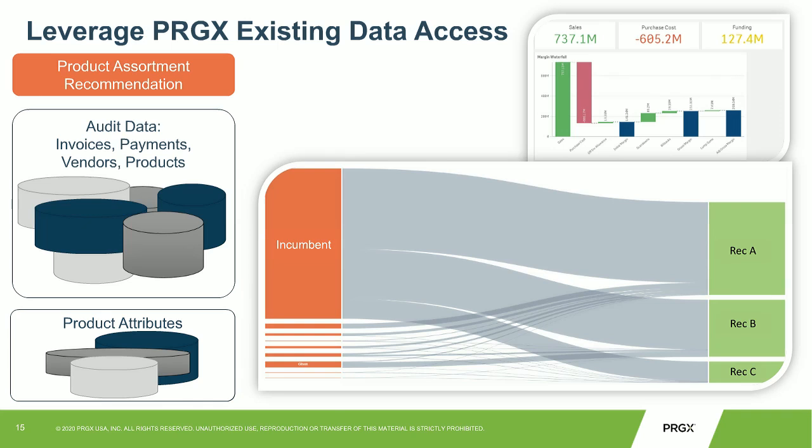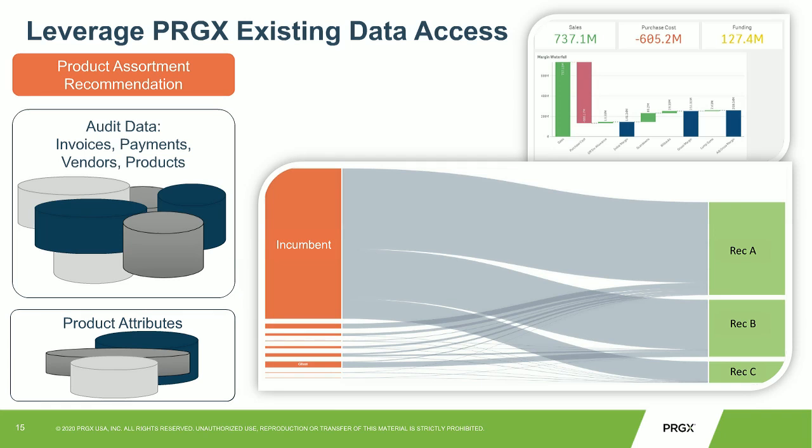And what we're able to recommend to our customers is, instead of selling, in this picture, what we used to sell from this incumbent, where your customer used to buy a lot of different products from these guys, what we found is that if you use this new combination of vendors A, B, and C, and you can see the products move from that vendor to these different vendors, because we found different products within other vendors that were a good substitute, with a better price for your customers and better margin for you.